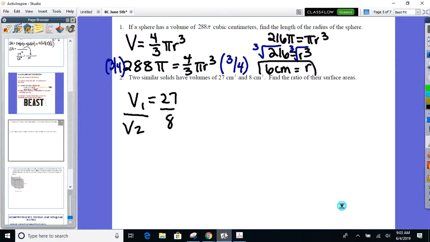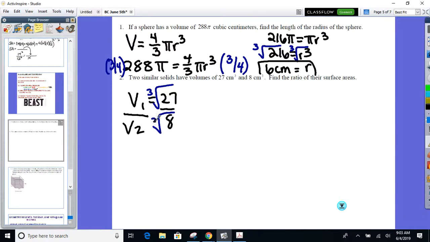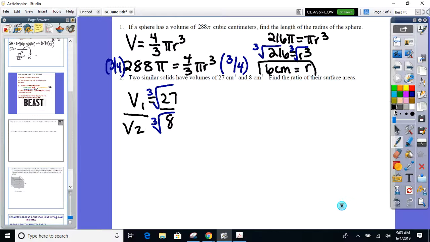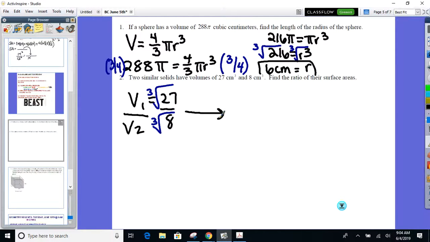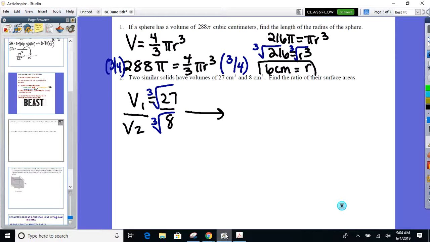Here we go again. What do you want to do first? Don't give me the whole explanation. I want to hear from other people. Cube root it. All right, so I hear a cube root in the house. When I cube root it, that won't give me surface area, though. That'll give me what ratio? What ratio am I about to find? Similarity ratio.